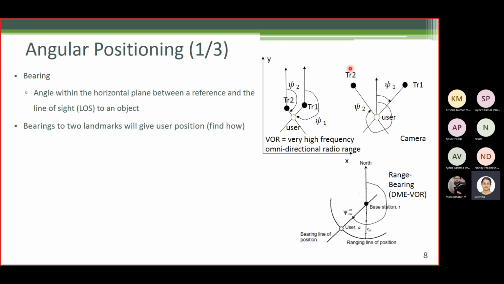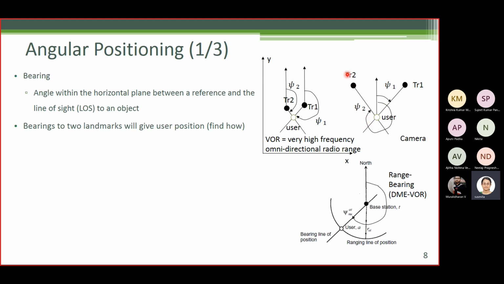For this purpose, consider this configuration where the reference is taken at the user, and assume that the transmitter coordinates are known, in an XY coordinate frame. You need to write the equations. Assume that the user has made 2 bearing measurements, psi 1 and psi 2. So psi 1 and psi 2 are measured by the user.